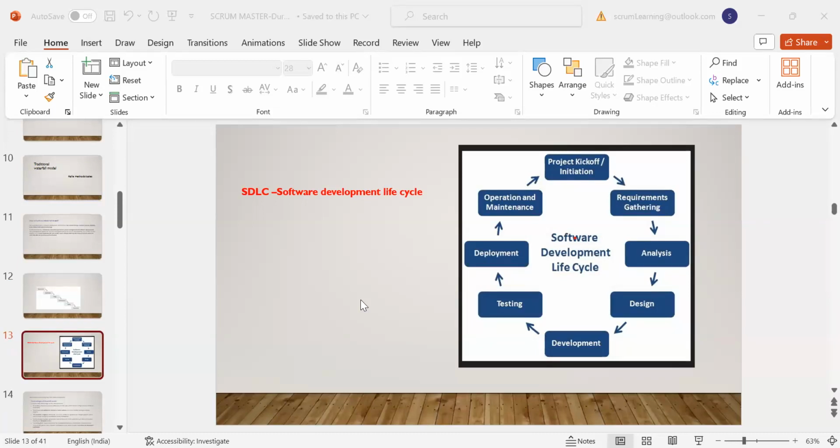Have you seen anywhere this software development life cycle? If you are in testing, then you might have seen the STLC, the testing life cycle. Yeah, actually, this kind of knowledge is given to testers, sir.